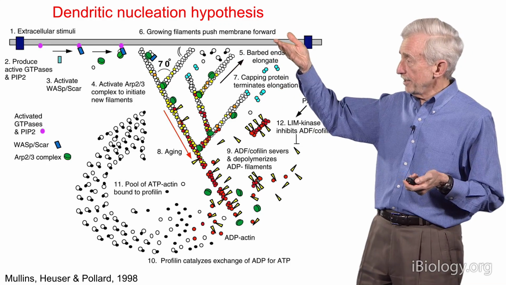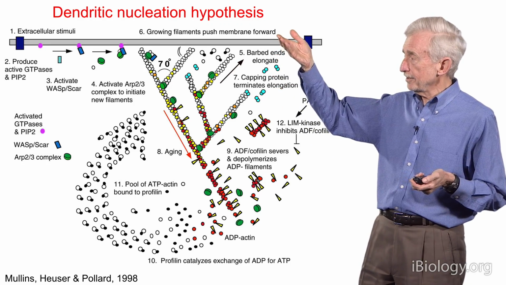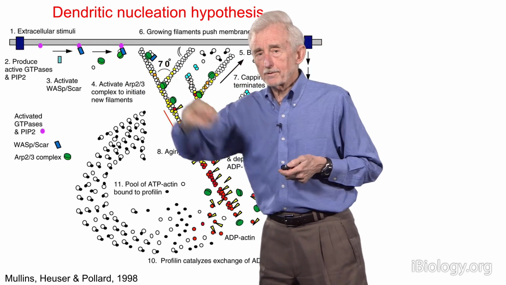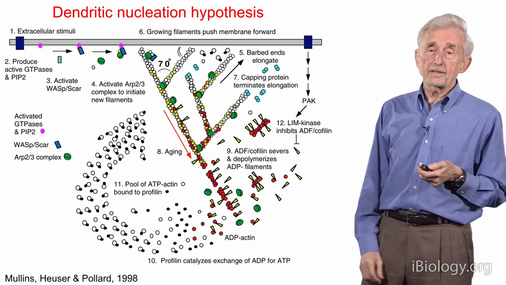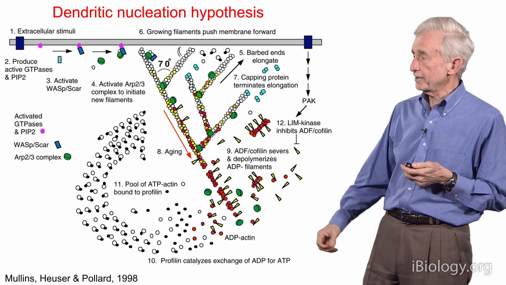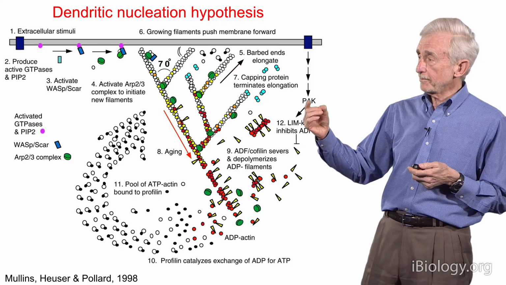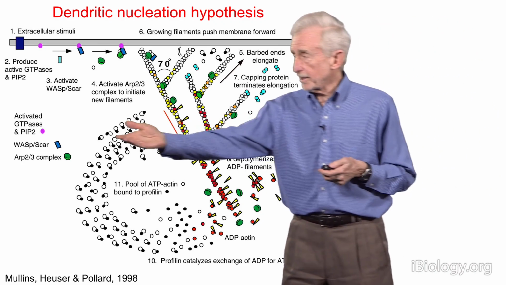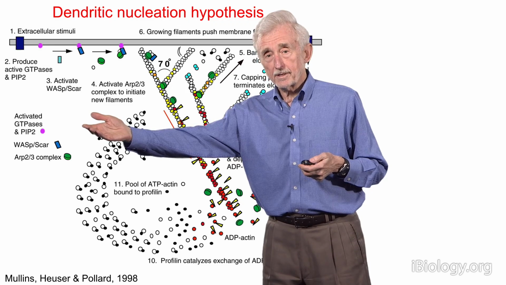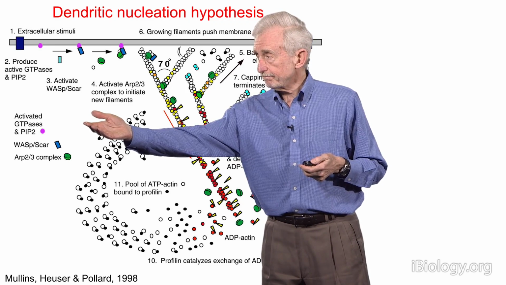So up at the top, we have the plasma membrane of the cell. And over here on your left, you can see a stimulus coming in through a receptor from outside the cell. That could be a 7-helix receptor or a receptor tyrosine kinase. Downstream from these receptors are signaling molecules, such as Rho family GTPases and polyphosphoinositides.